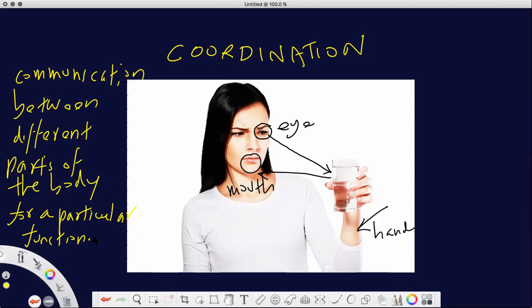So it is important for drinking water, and these three parts of the body communicate. Then after that it is successful. Then only she can drink the water. This is just one example, but we can take so many examples. Our body is communicating many times during the usual day, right? So it's a communication between different parts of the body for a particular function.